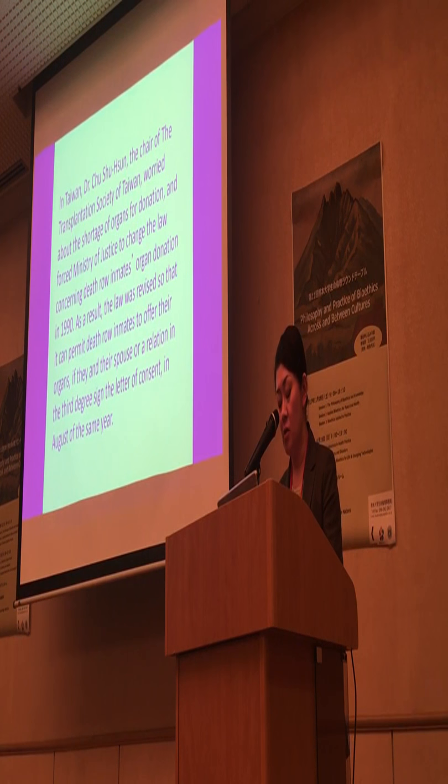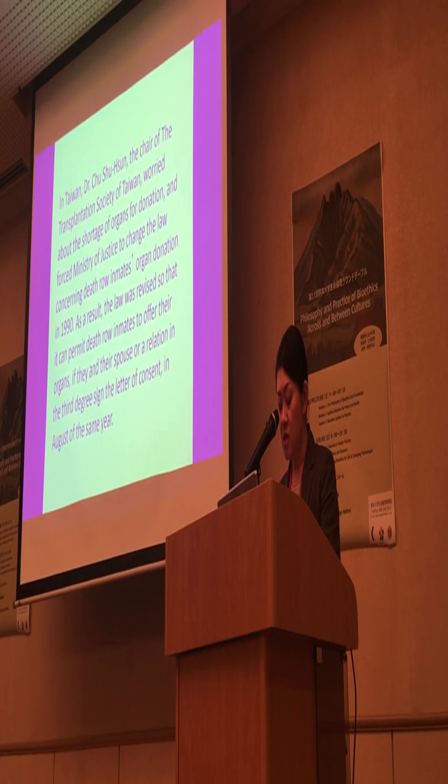In Taiwan, Dr. Zhu Shuxun, the chair of the Transplantation Society of Taiwan, worried about the shortage of organs for donation and forced the Ministry of Justice to change the law concerning death row inmates' organ donation in 1990.